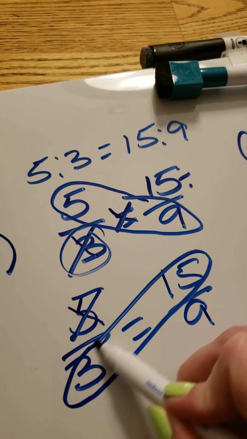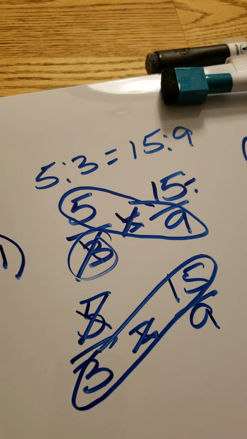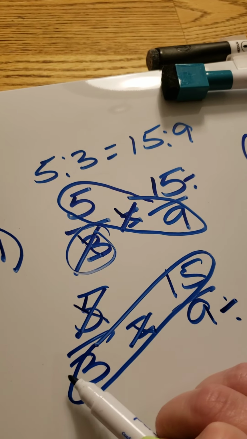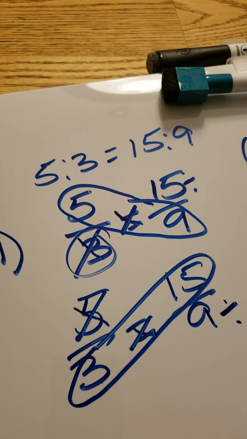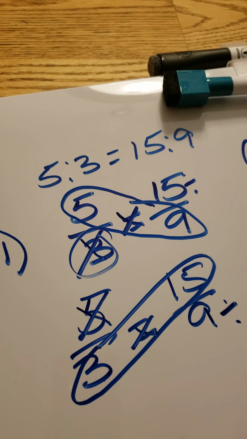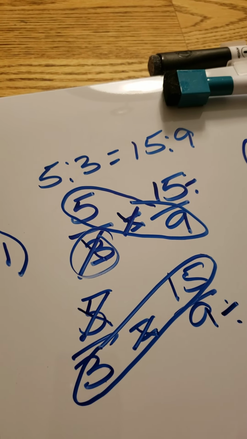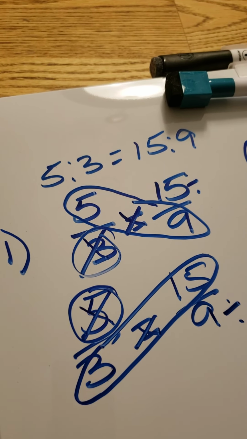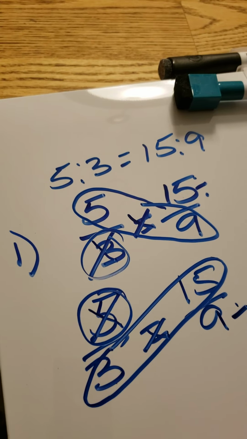Cross multiply, and divide. 3 times 15 is 45, divided by 9 gives me 5. I'm going to write it one more time.